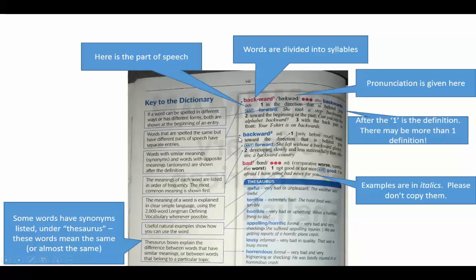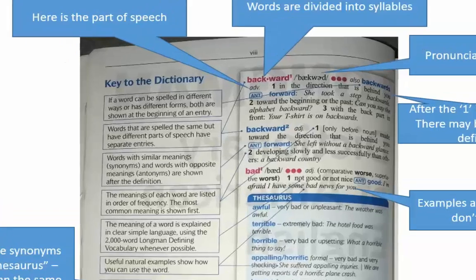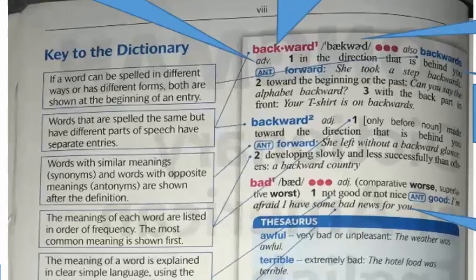I also want to point out that many times there are examples that are listed in italics. Under where it says backward, you'll see it says, "She took a step backwards." That's an example sentence, and many of the words here will have example sentences.